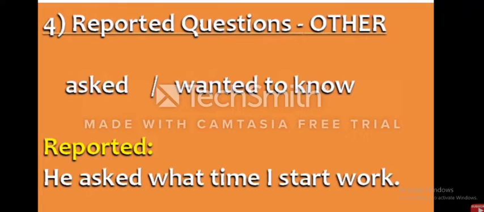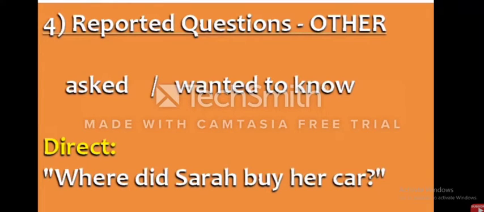There is no auxiliary verb do in the reported question. Direct: where did Sarah buy her car? Reported: he wanted to know where Sarah had bought her car. Again, there is no auxiliary verb did in the reported question.